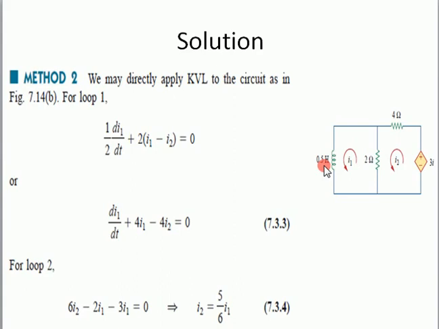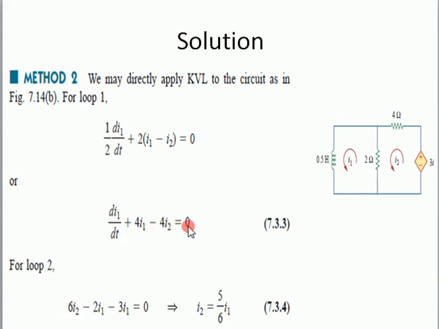VL is basically equal to L di over dt. Now the current I1 is flowing here, and what is the value of L? L is 0.5, or you may write it 1 by 2. So 1 by 2 di1 over dt plus 2 into I1 minus I2 is equal to 0. So when we solve for this, we will get di1 over dt plus 4I1 minus 4I2 is equal to 0.